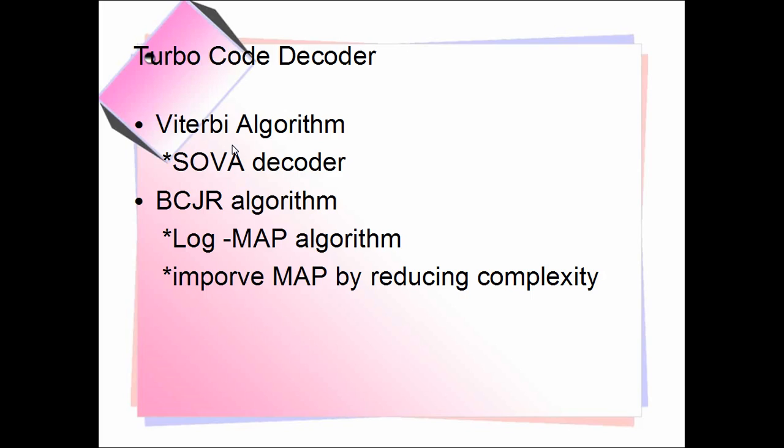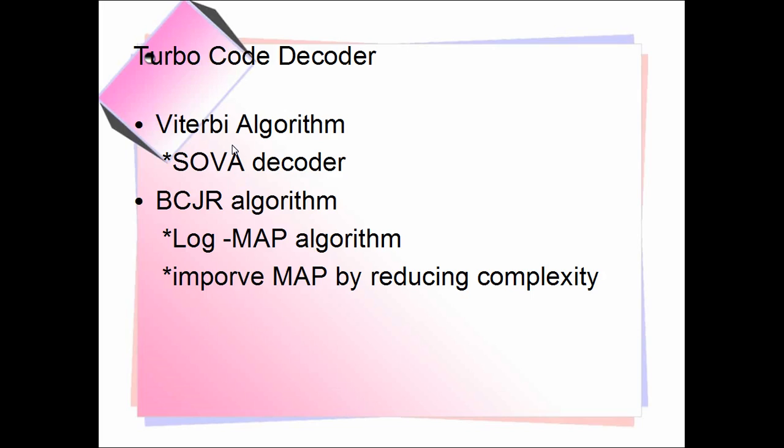But in the soft output decoder, this shortcoming has been overcome. The algorithm we talk about today in this presentation is mainly the BCJR algorithm. The name BCJR is short for the names of the developers of the algorithm.